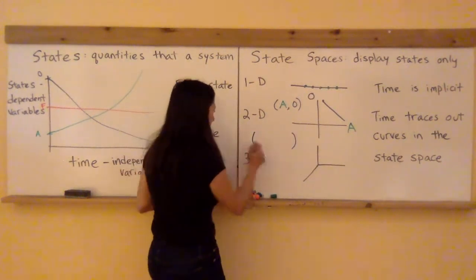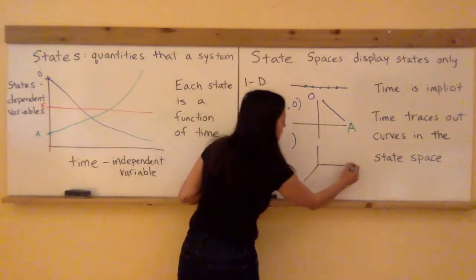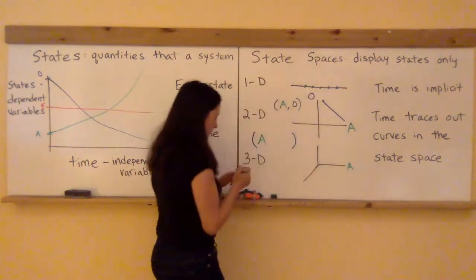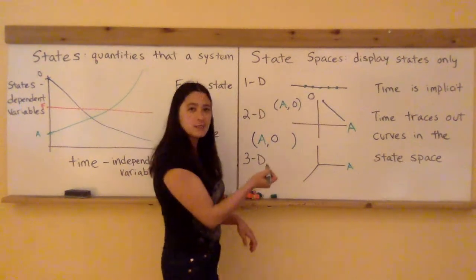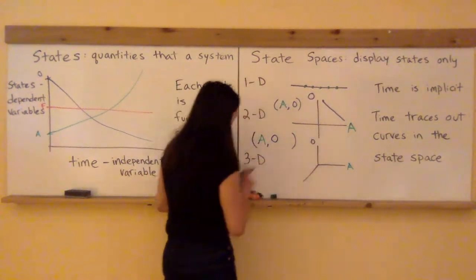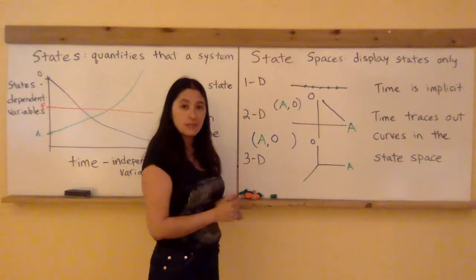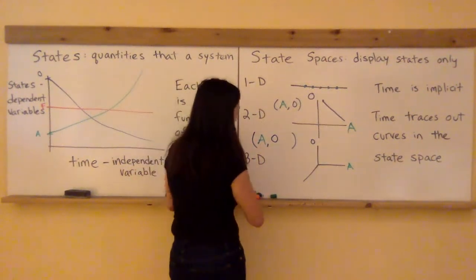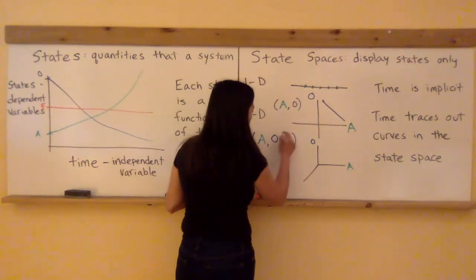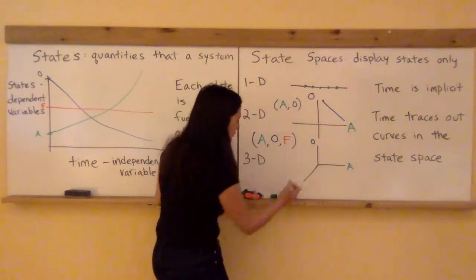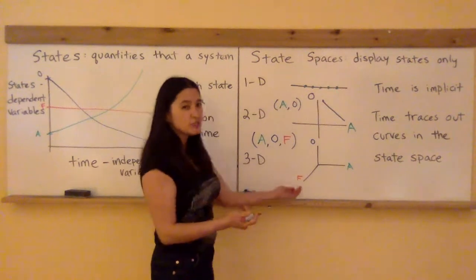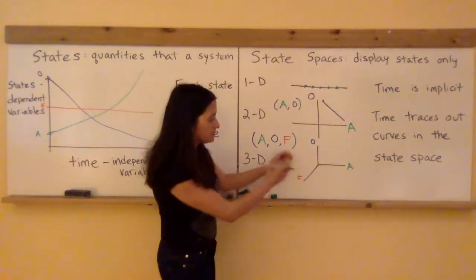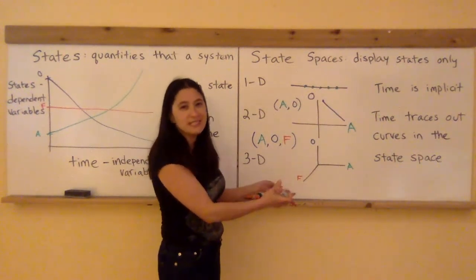I'm going to have alligators as my first dimension on the horizontal axis there. I'm going to have octopuses as my second dimension, located on the vertical axis there. And then for 3-dimensional space, I'm going to end up having fish as my third dimension, and that would be the dimension that's kind of coming out of the board. This is really a 2-dimensional representation of a 3-dimensional space.